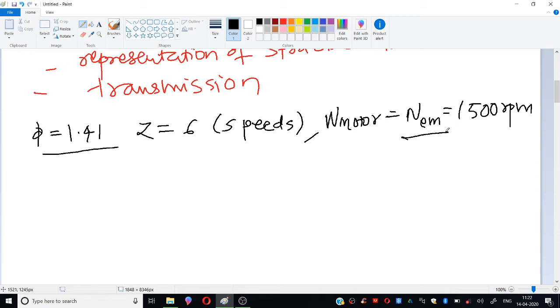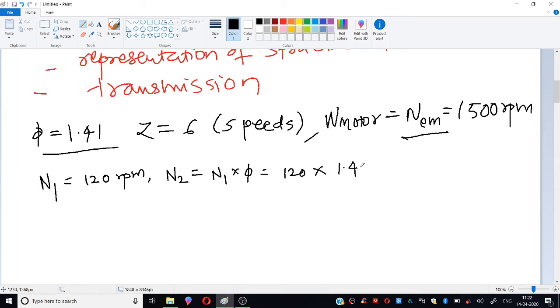Before starting with this, we will calculate all the speeds. First is n1, which in our case is 120 rpm. For calculating n2, as we are dealing with a geometric progression ratio, it should be n1 into phi. So n1 is 120 rpm and phi is 1.141, so it is equal to 169 rpm. Similarly n3 is n1 into phi square.